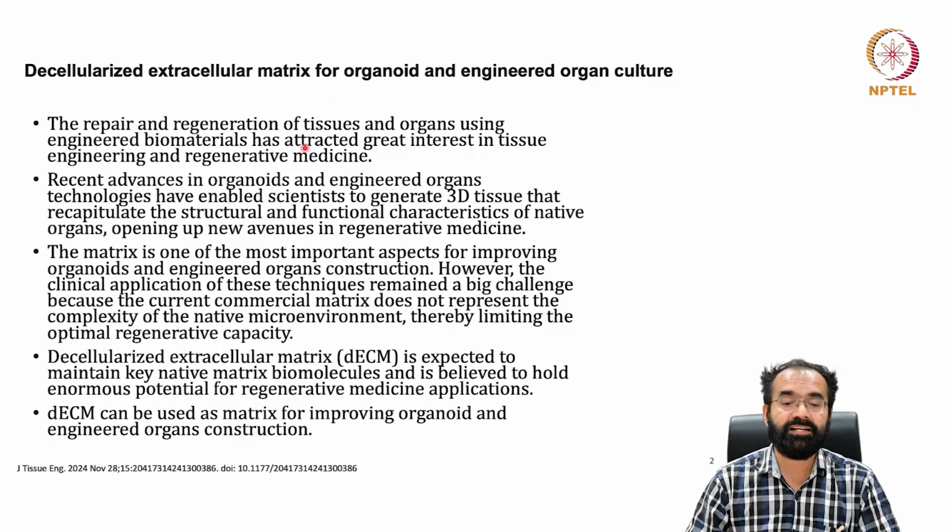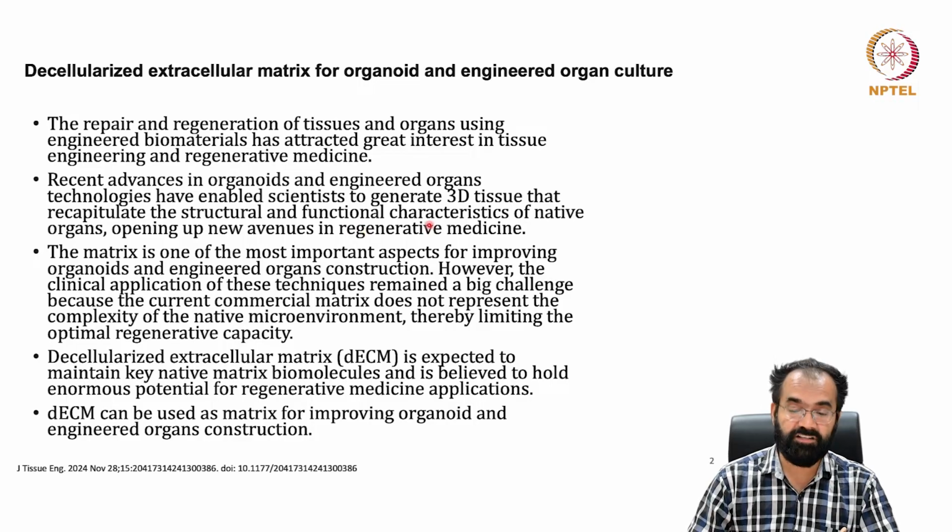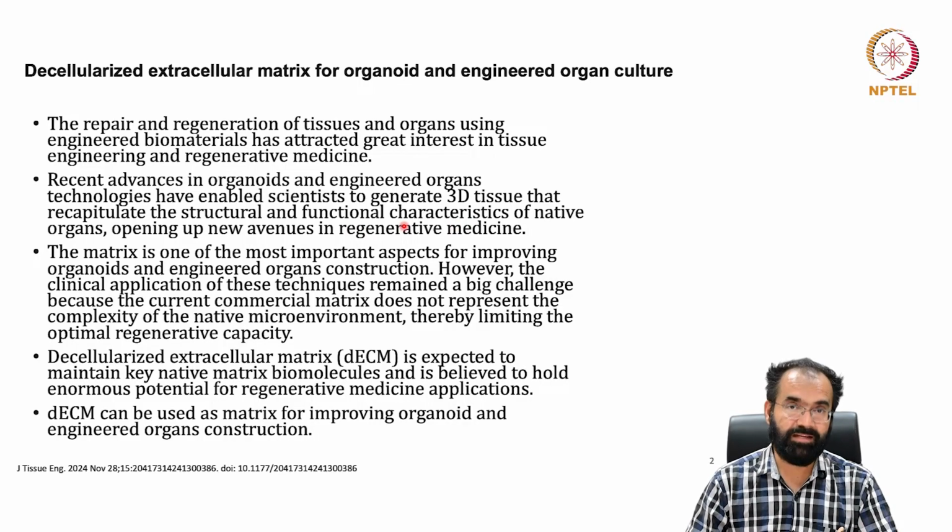So that is called decellularized extracellular matrix for organoid and engineered organ culture. The repair and regeneration of tissues and organs using engineered biomaterials has attracted great interest in tissue engineering and regenerative medicine. People have been doing that. But recent advances in organoid and engineered organ technologies have enabled researchers to generate 3D tissue that recapitulates the structural and functional characteristics of native organs as it is.